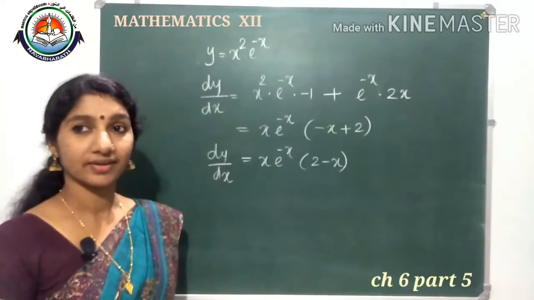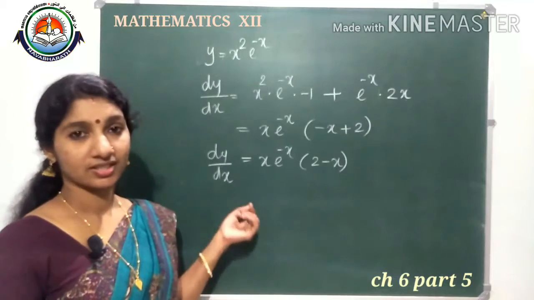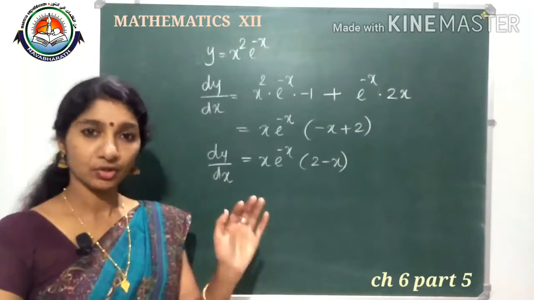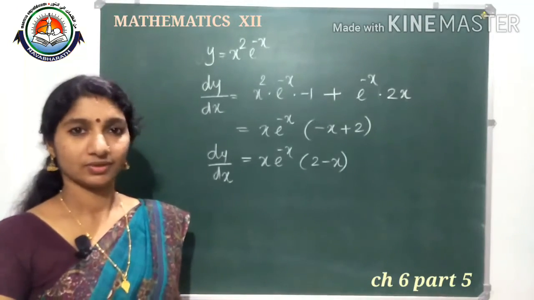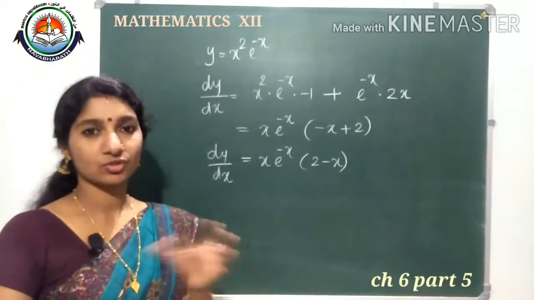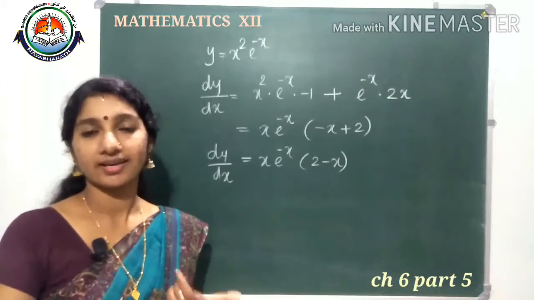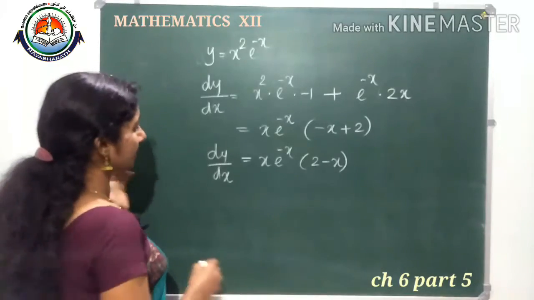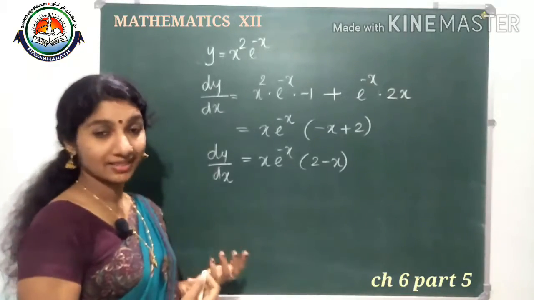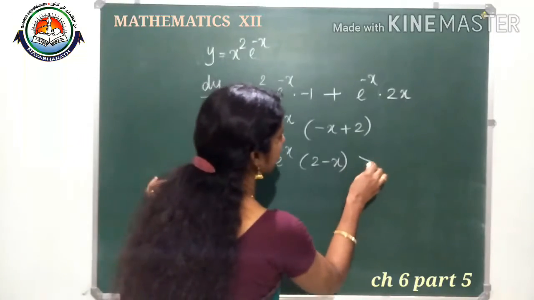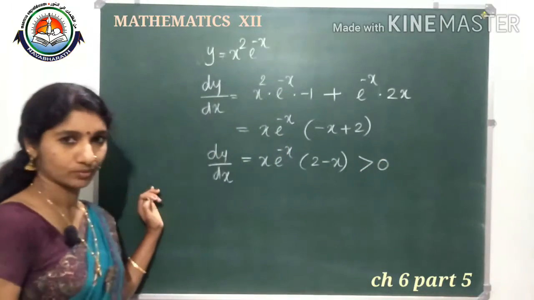And here it is given this function is increasing. We need to find the interval. That means x belongs to in which values, or in which interval x lies. So for that, it is given it is an increasing function, so we can take dy by dx greater than 0.